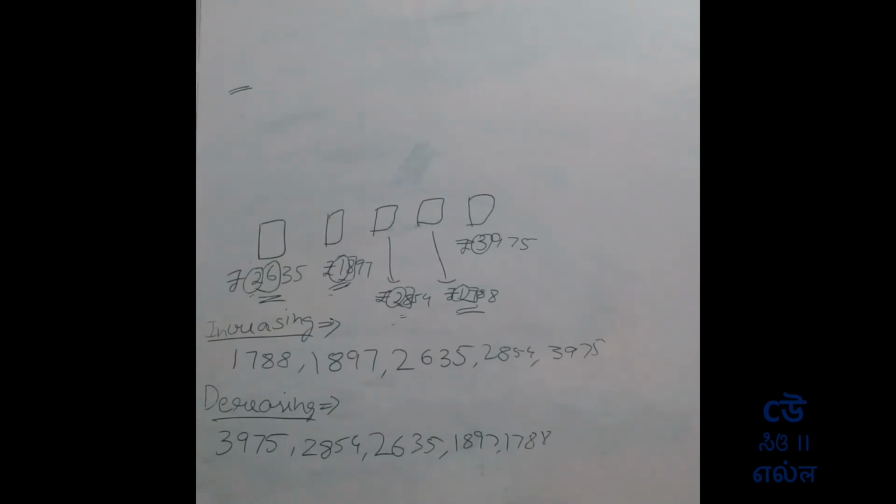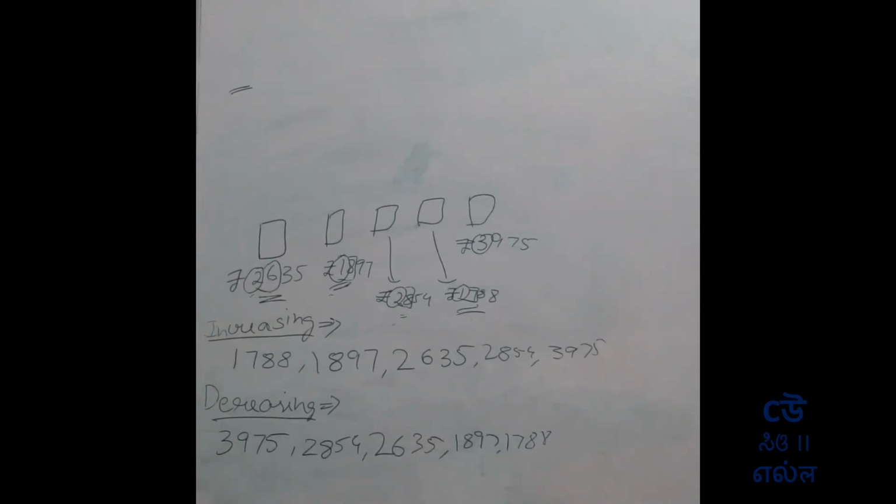That is same as increasing order. Descending order is what? Arrangement of numbers from bigger number to smaller number. It is same as decreasing order. Okay, don't get confused between increasing and decreasing order and ascending and descending order.